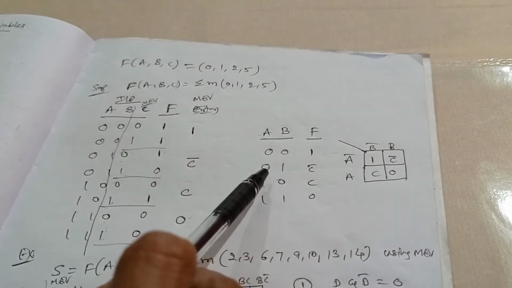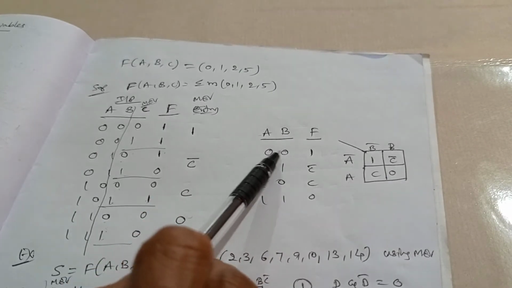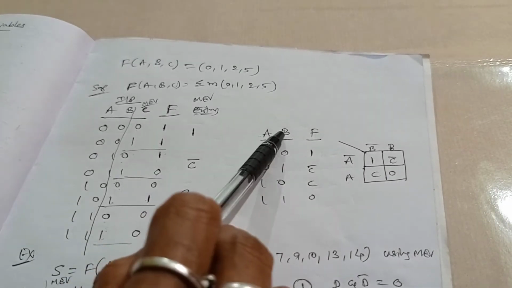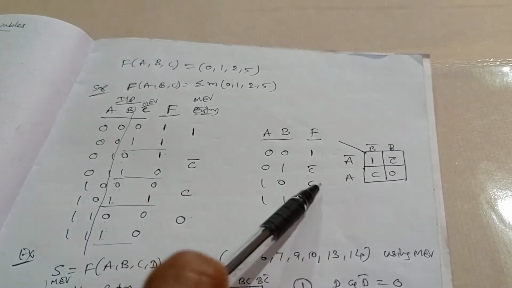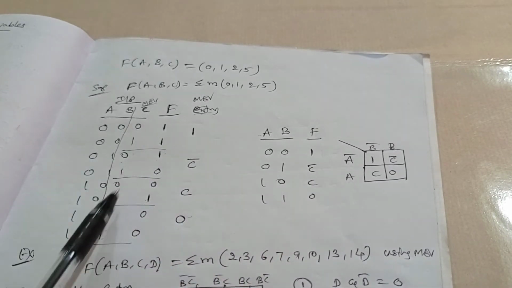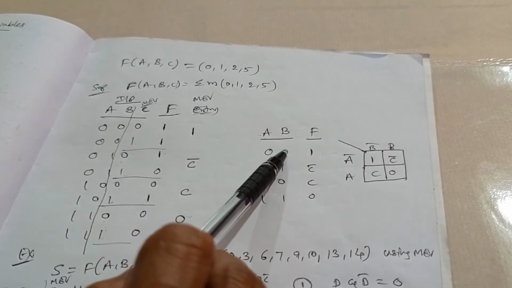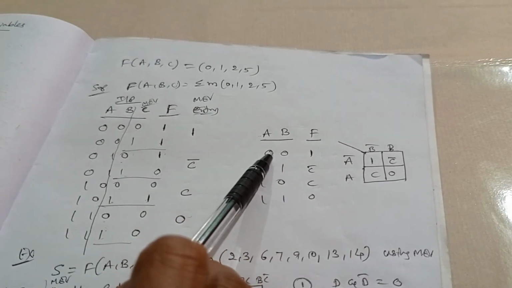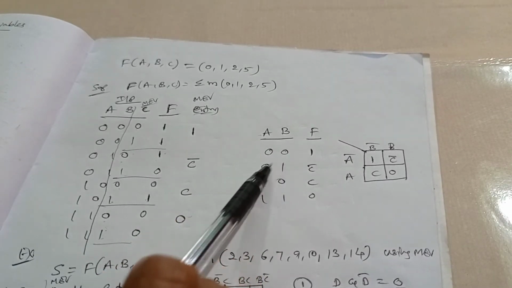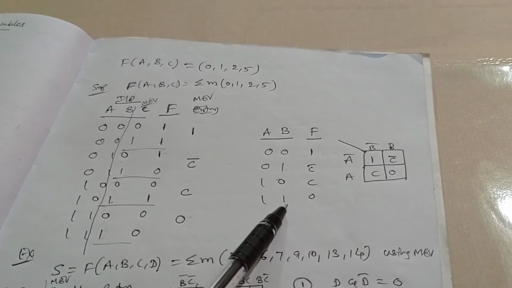Writing the MEV table: only AB is considered, and the output is in terms of the input C. So we get only the 2-variable combinations 00, 01, 10, 11.